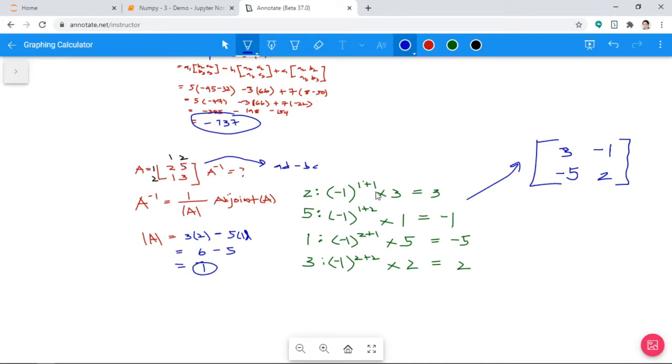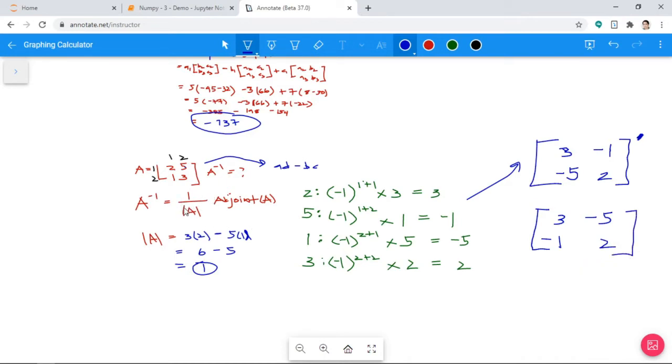So no. The adjoint of A is just equivalent to the transpose of this matrix. So if you transpose this one, you will result in 3, negative 1, then negative 5, and then 2.